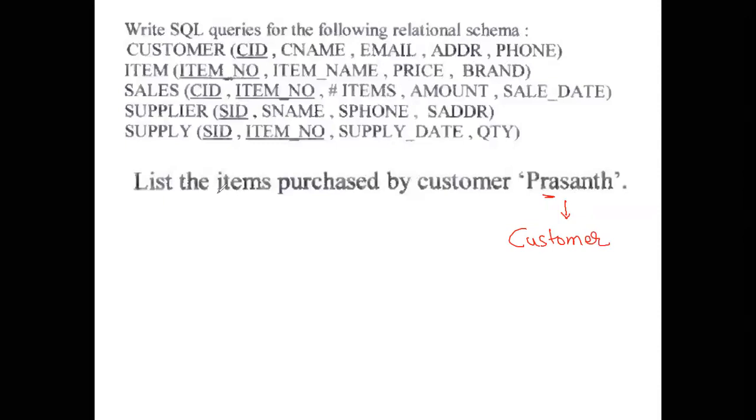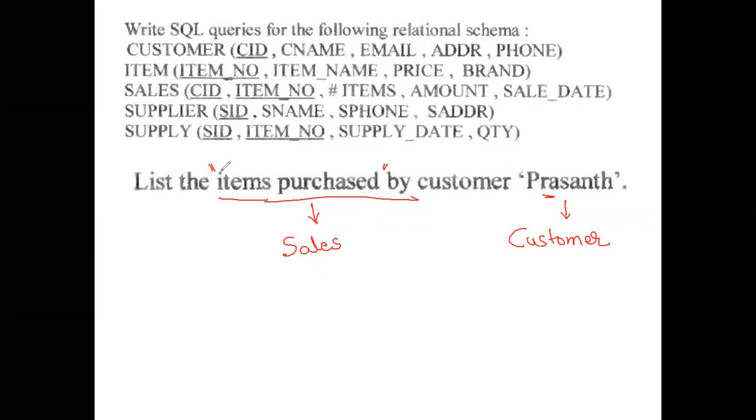The items purchased are present in the sales table, right? In the sales table, you can see it contains the customer, item number and the other details.